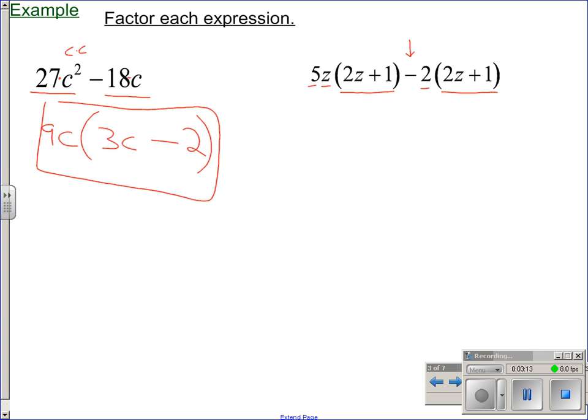So looking at these 2 terms, the only common factor is that quantity of 2z plus 1. So when we factor that out, in the first term, it's accounted for, so what's left is just a 5z. Minus, to go to the second term, we factored out this 2z plus 1, what's left? 2. And that's the factored form.